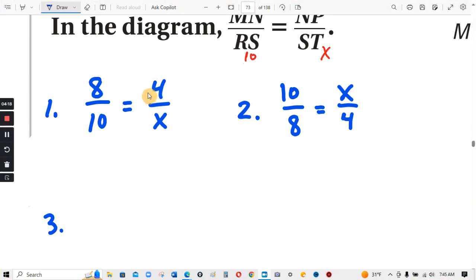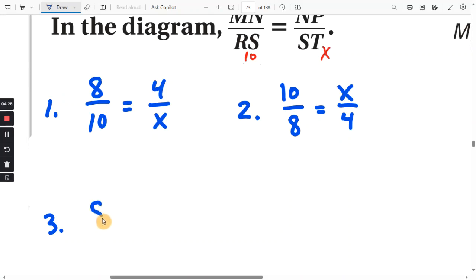So I'm going to interchange the 4 and the 10. I'm going to do 8 over 4, and the 10 is now up here. That's going to be 10 over x. You could do it with this diagonal, or with the other diagonal, or with both of them. Either way would work.